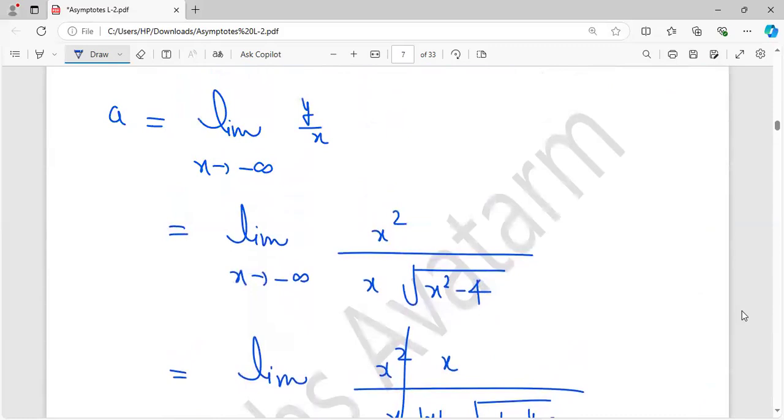Let me check it again. Limit x tends to minus infinity. I wrote like that.